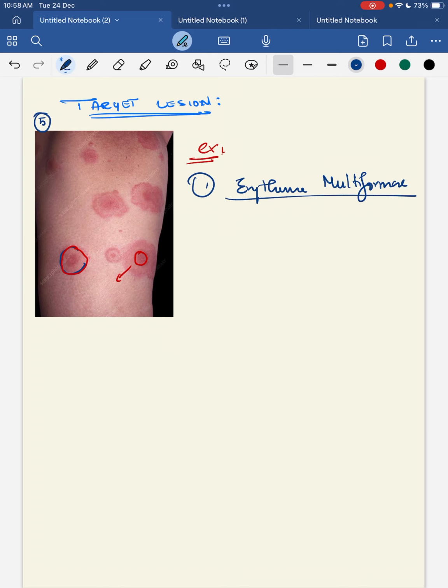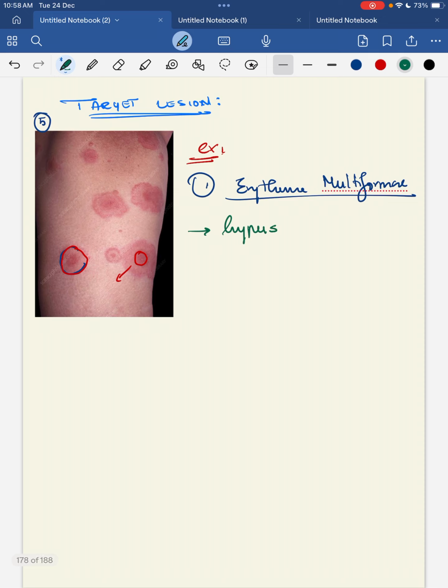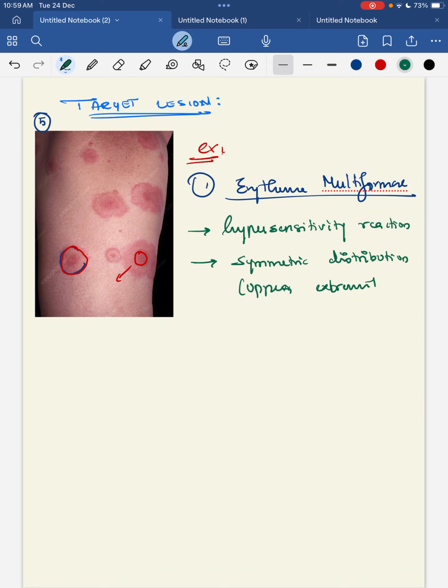It will have a mucosal involvement, but that mucosal involvement will be limited to only one site. HSV is a common infection associated with erythema multiforme. Second example of a target lesion is SJS, that is Stevens-Johnson syndrome. Stevens-Johnson syndrome is also a hypersensitivity reaction, but it is a severe life-threatening hypersensitivity reaction.